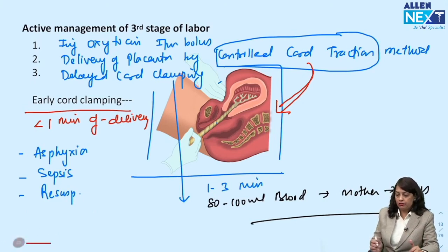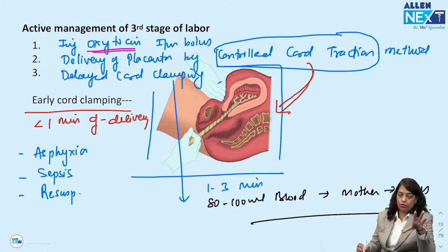Now my question is, why is oxytocin preferred as a uterotonic in active management of third stage of labor? Because the onset of action of oxytocin is fast and usually there are no side effects. Number 3, it is a very cheap drug and availability is not a problem.